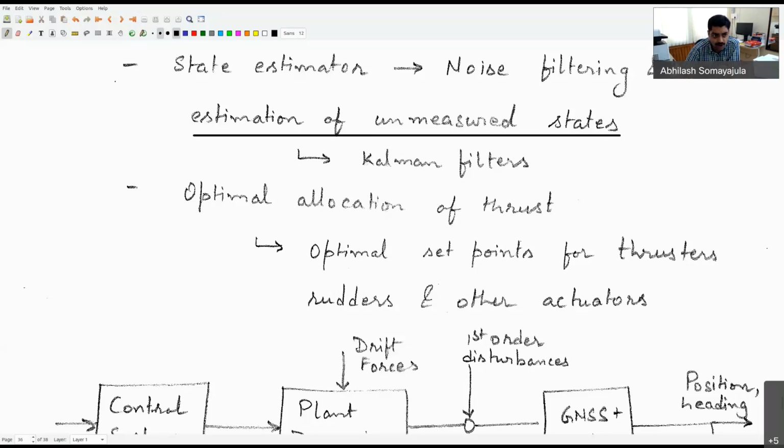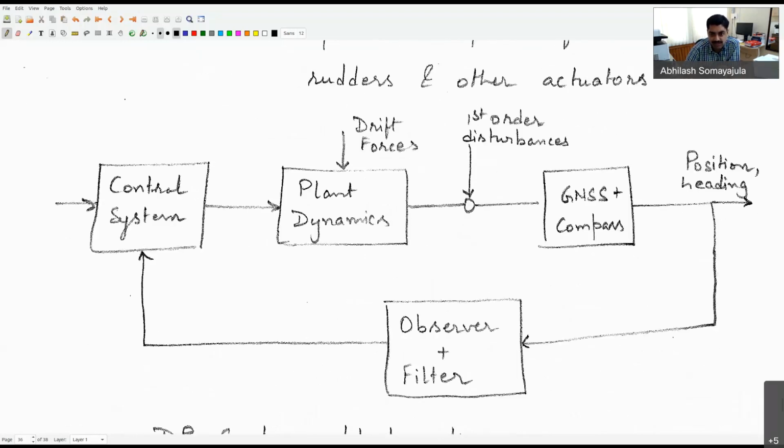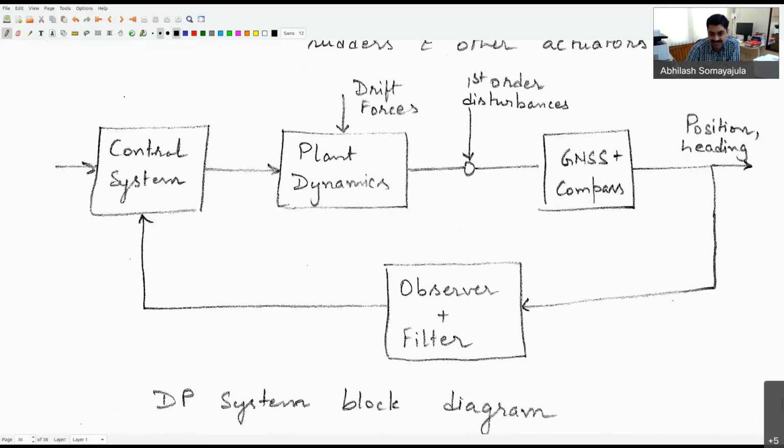So if I see the block diagram for the system, you will see that it looks slightly different as compared to your regular system, in the sense that we have our first order disturbances coming and getting added to our plant dynamics, assuming that our plant is only representing the slowly varying stuff. Once we have those two added up, the measurement happens with respect to either a GPS system or a compass system, which gives me the position and the heading of the vehicle.